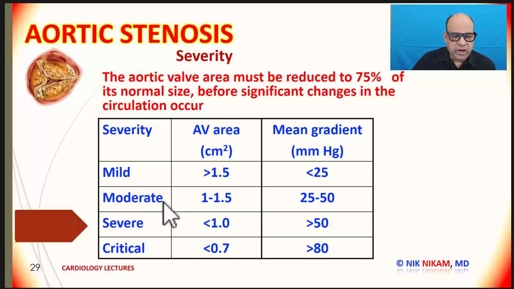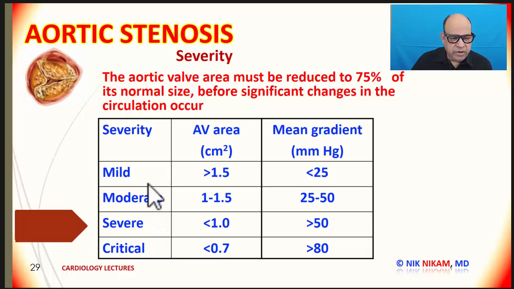If the aortic valve area is between 1 and 1.5, it is considered moderate aortic stenosis. If the aortic valve area is less than 1 centimeter square, it is considered severe, and if the aortic valve area is less than 0.7, it is considered critical aortic stenosis.